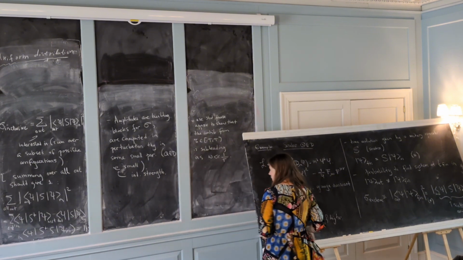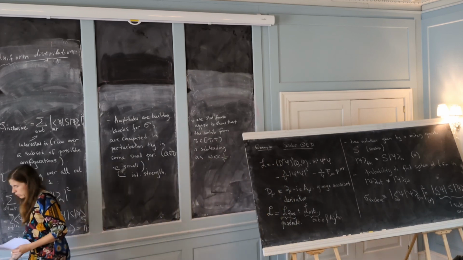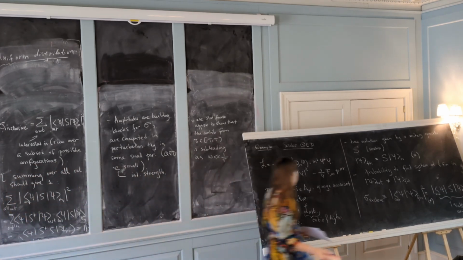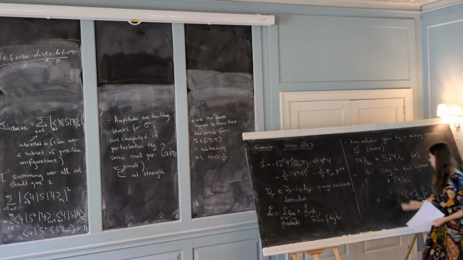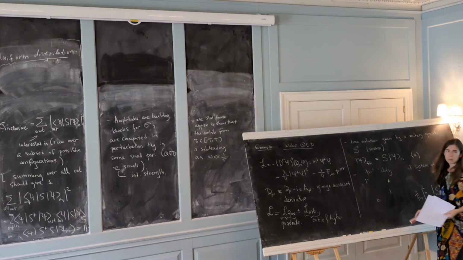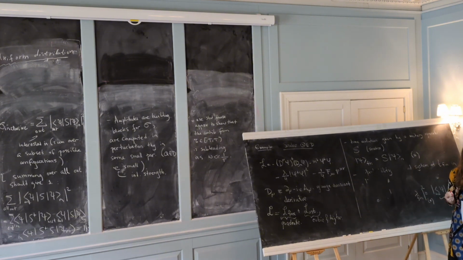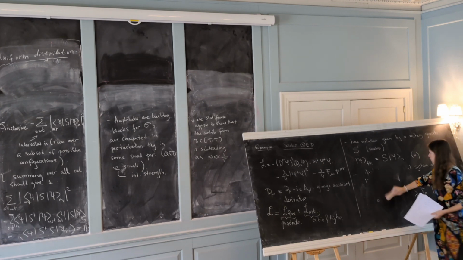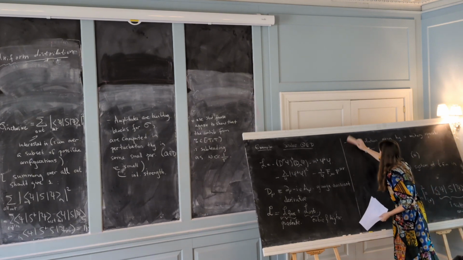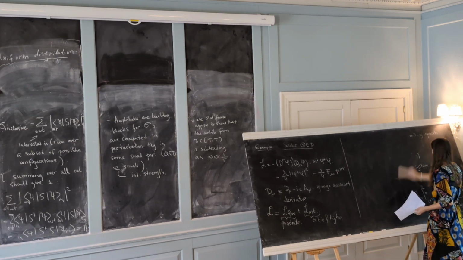Let me write it down explicitly to expand it, because it's going to be easier. Where we are going with this is that we want to look at all diagrams that involve the emission of a photon, and so we need to know the Feynman rules. So let's write down the interaction bit.